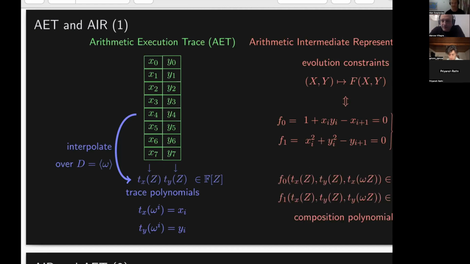Yes. That table, when we're talking about virtual machines, what you will have there is a list of mnemonics, probably with operands, right? This table consists of finite field elements.